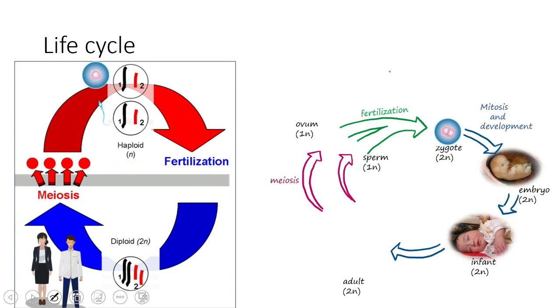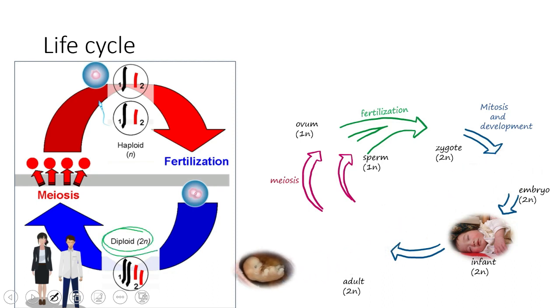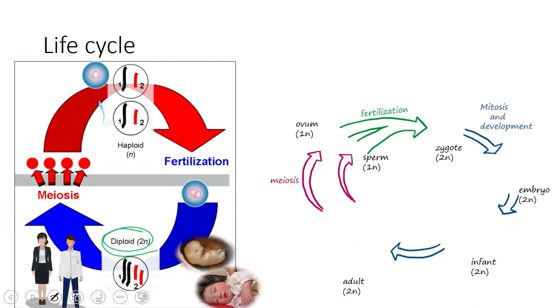So now those are the two haploid cells. Those cells undergo fertilization and produce a zygote. So that zygote is the first cell that is actually us, and it is diploid. It has two sets of chromosomes, and from there it just keeps going through mitosis and mitosis and mitosis, and also differentiation, development, until we get to adulthood and can repeat the cycle.